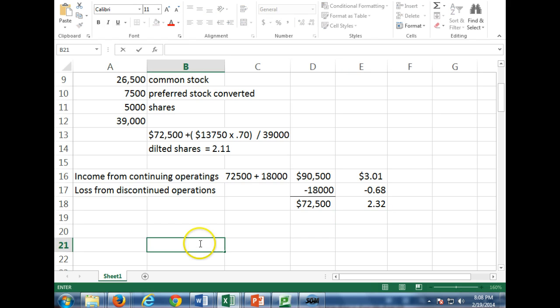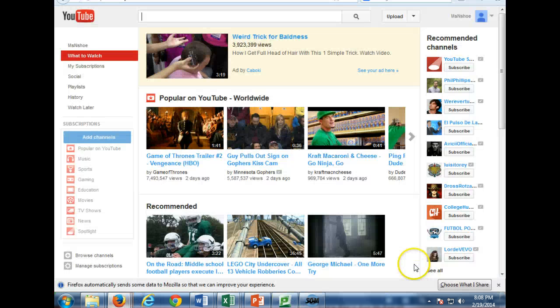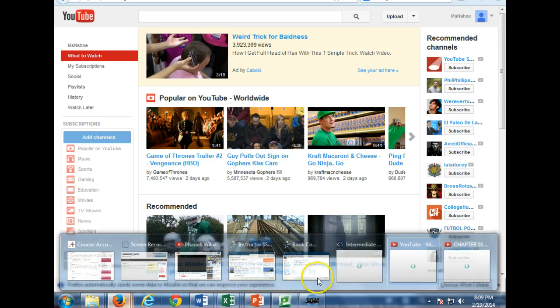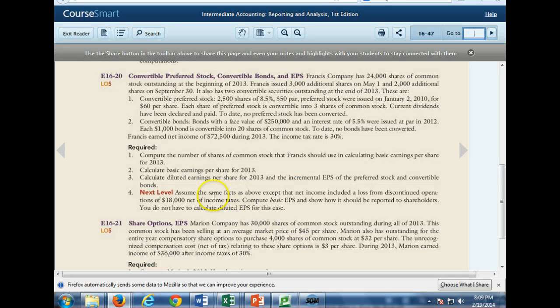Why don't we include the preferred dividends in this one? Because it says, assume the same facts as above, except that net income includes a loss from discontinued operations. So you compute basic earnings per share. Basic earnings per share is this one.